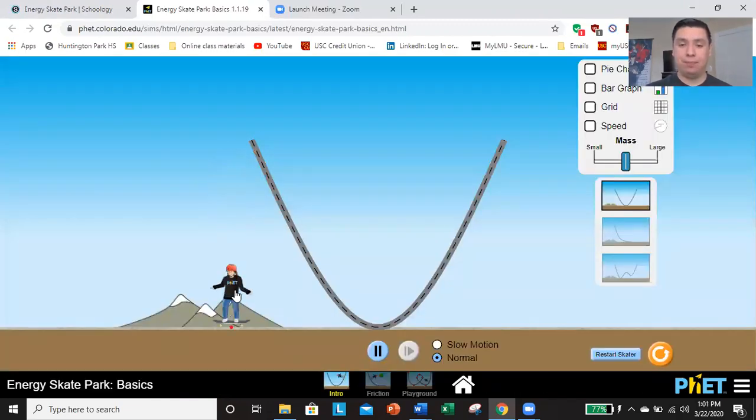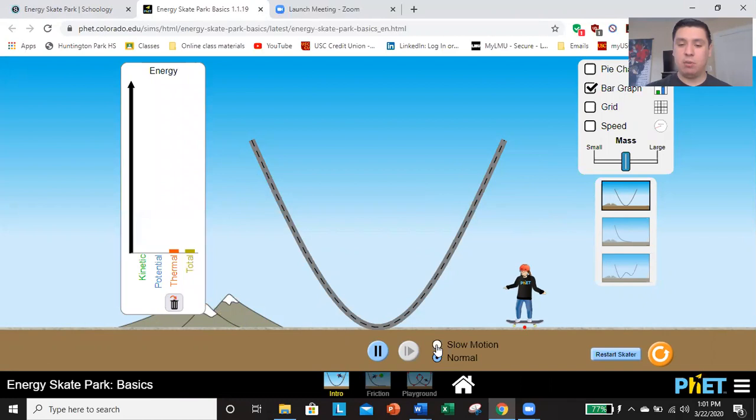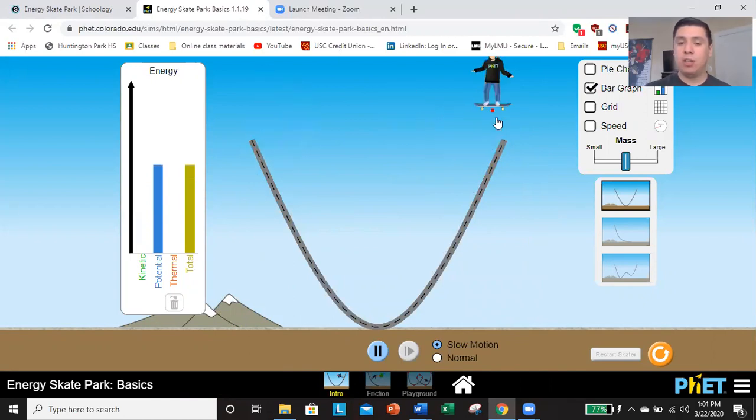Okay. For the 2 questions, you want the bar graph filled out, and you want to put this in slow motion. Then you move this around. Number 1 asks you to put the skateboard at the top of this ramp, either this position or this position. It doesn't matter which, as long as it's at the top.